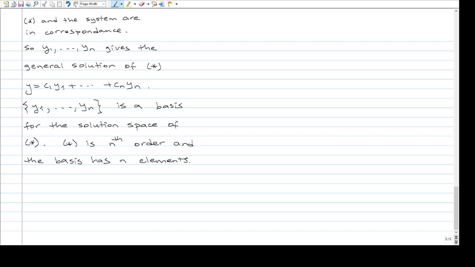From linear algebra, any other basis is going to have, again, n elements. So any n independent solutions, y1 up to yn, give a basis for the solution space.